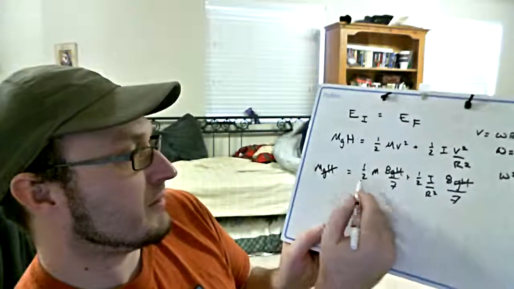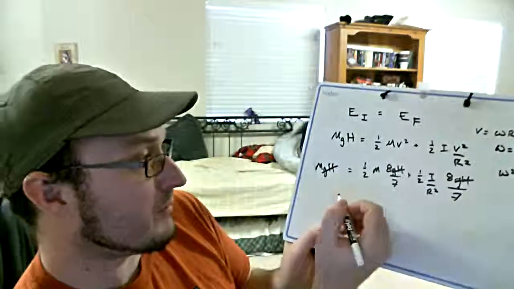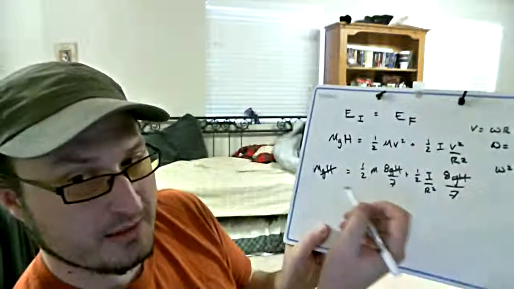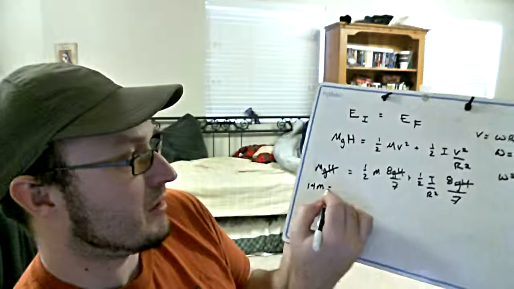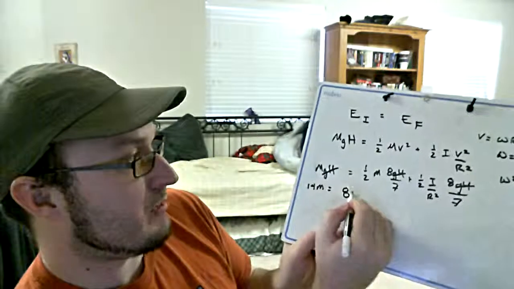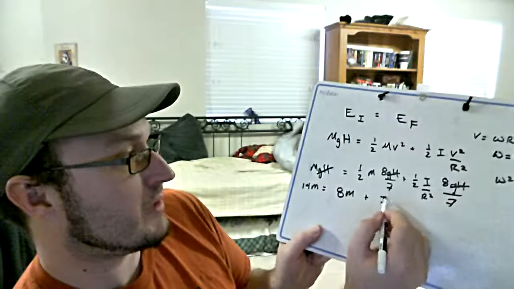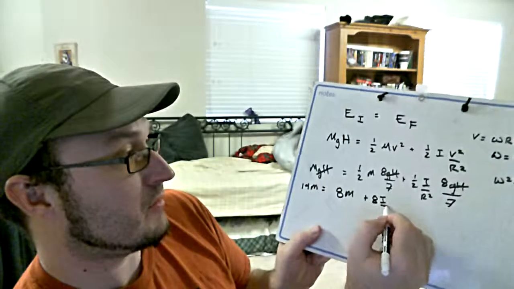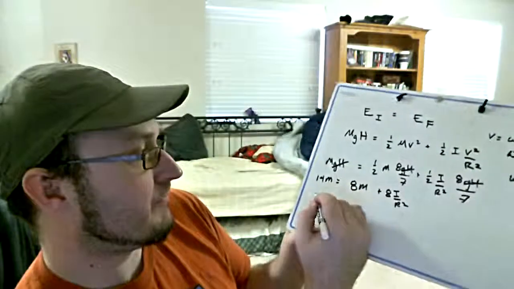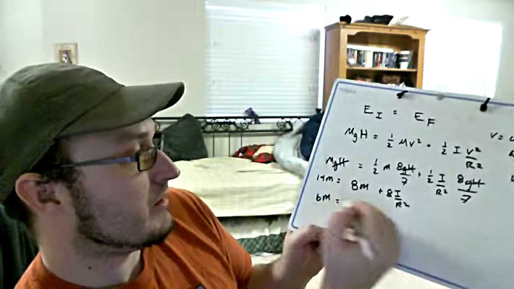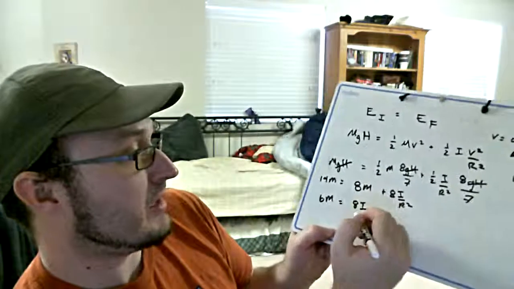I get 2 and 7 on the bottom on both terms on this side, so it's 14. We have 14m equals 8m plus I over r squared, 8I over r squared. I subtract the 8m, which makes sense to me the way that I've done it here. 8I over r squared.